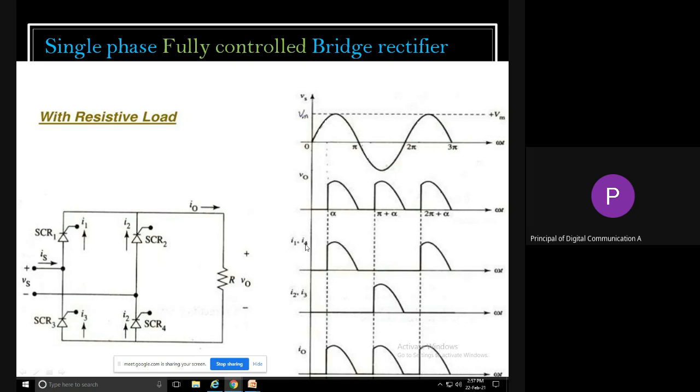So I1 comma I4, then I2 comma I3, and the last one, that is the IO, the current across the output, is going to be shown over here. So our main work is the above 4 waveforms only, that is the input and the output, and how this output is going to be changed. It depends on these respective current pulses, which make the SCR on or off.